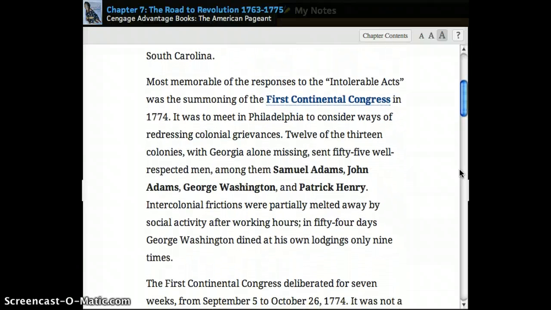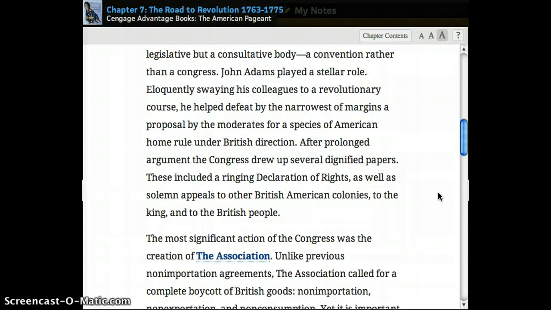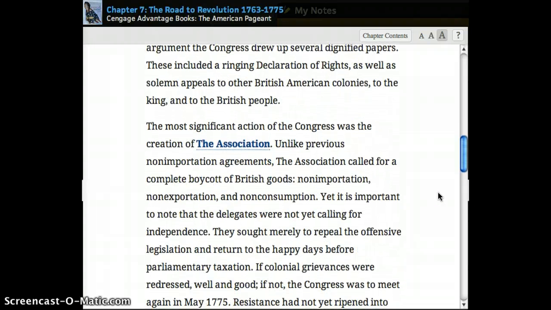They actually organize and try to coordinate their activities. George Washington was there, Patrick Henry, Sam Adams, John Adams, as well as many others. They begin to form what's called the Association. They begin to consolidate all of their colonial grievances together, and they even petition the British government.